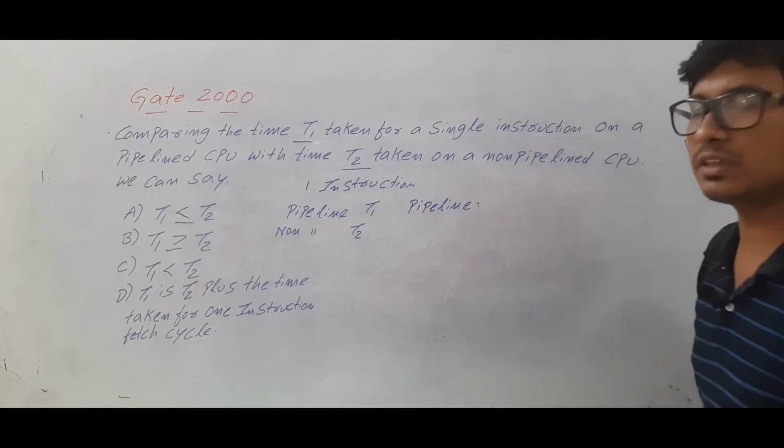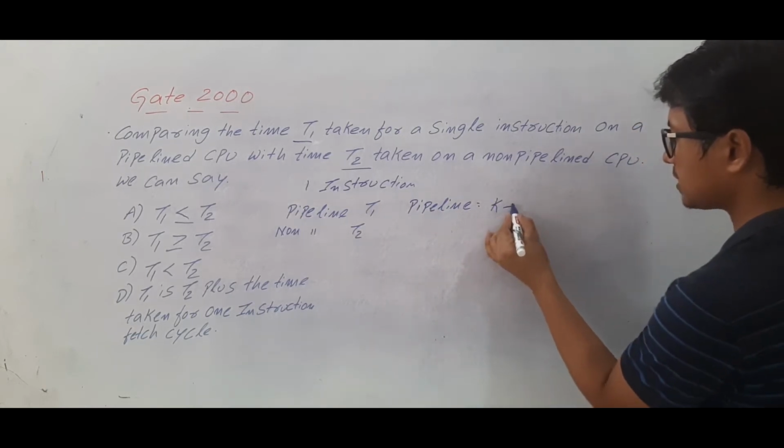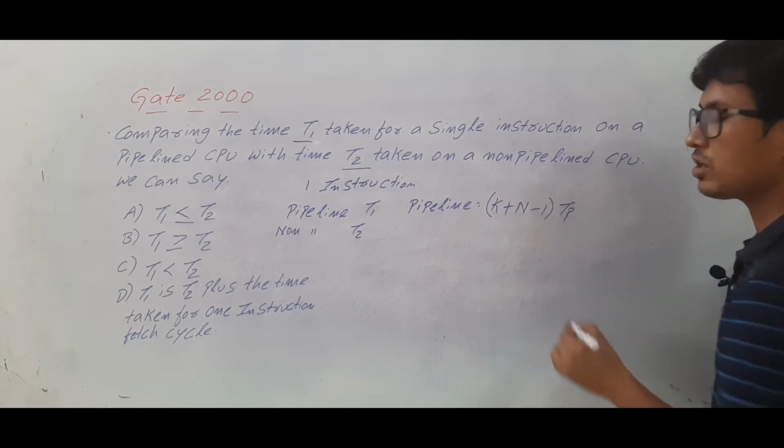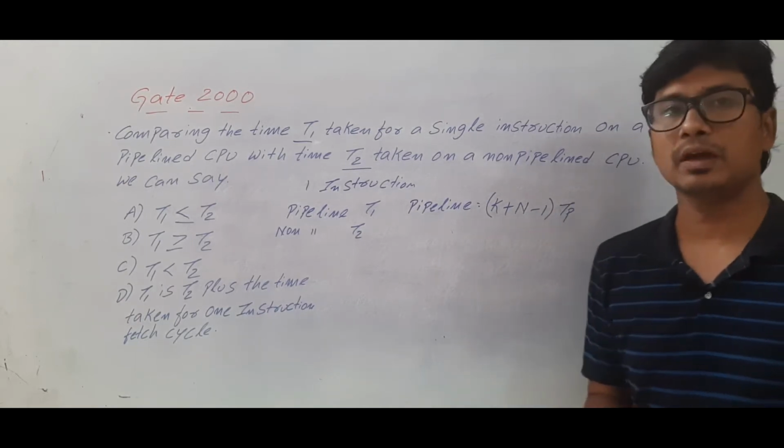we have the formula as k plus n minus 1 clock cycles, where each clock cycle will take Tp. Are you able to understand?